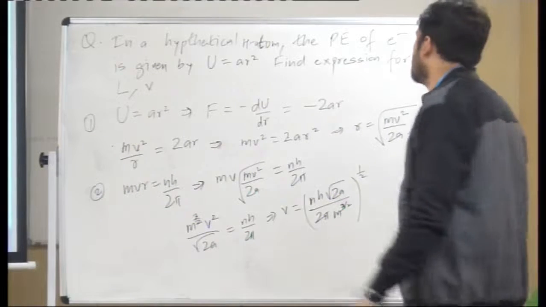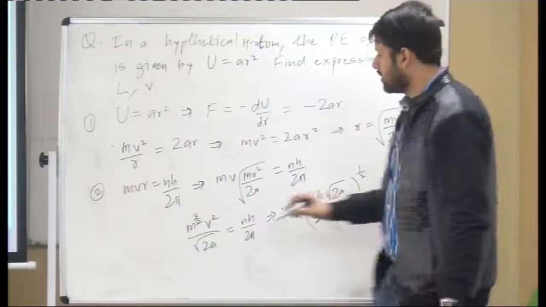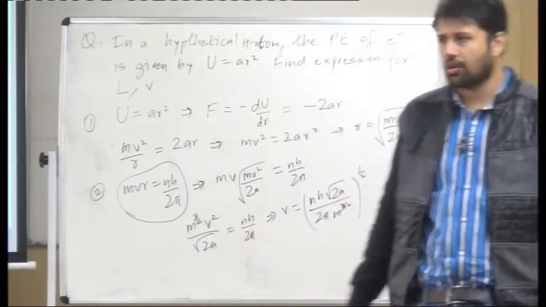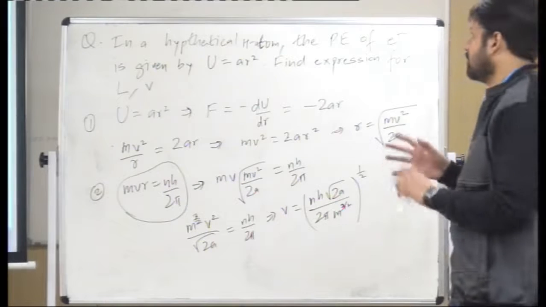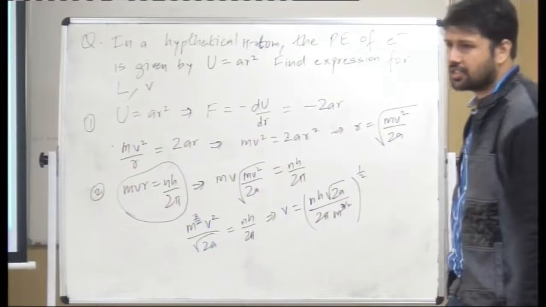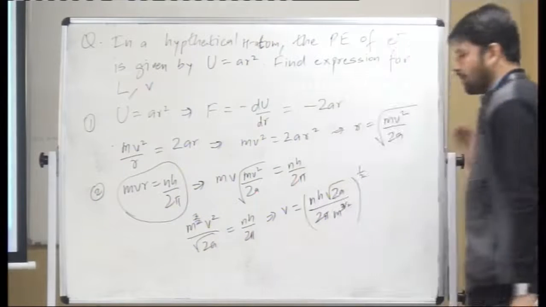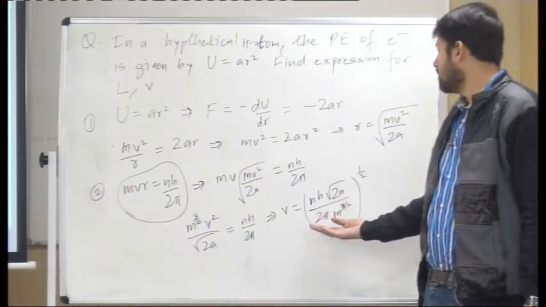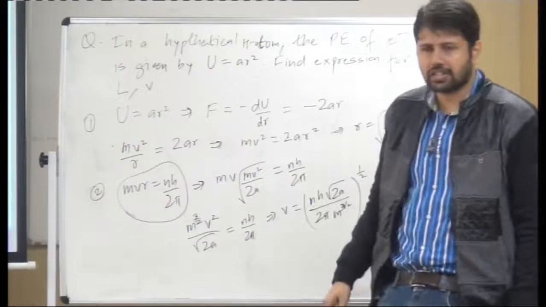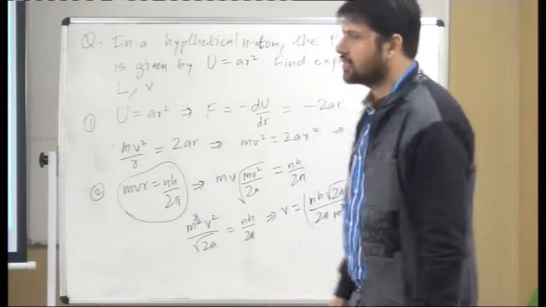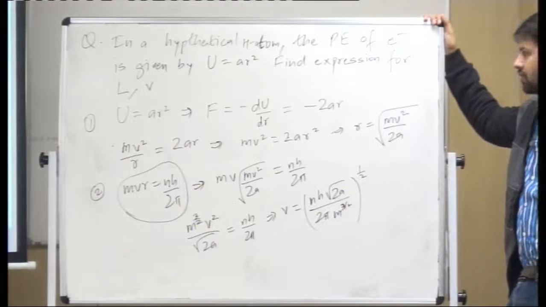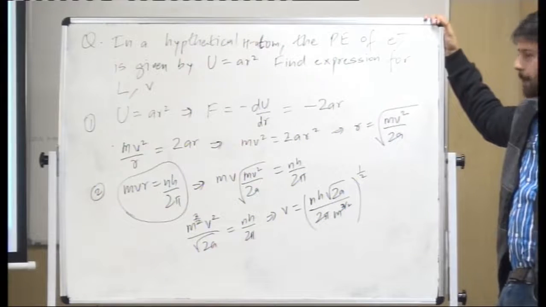Okay, because you know if this condition is not valid, Bohr model would no longer be valid. So if you are using Bohr's model for this hypothetical atom, even then this condition would be valid. Okay, you can find, since you know V now, you can find R, okay, and you can find all other values, possible values. Questions had been asked in JEE on this time and again, right? Okay, shall I erase this?